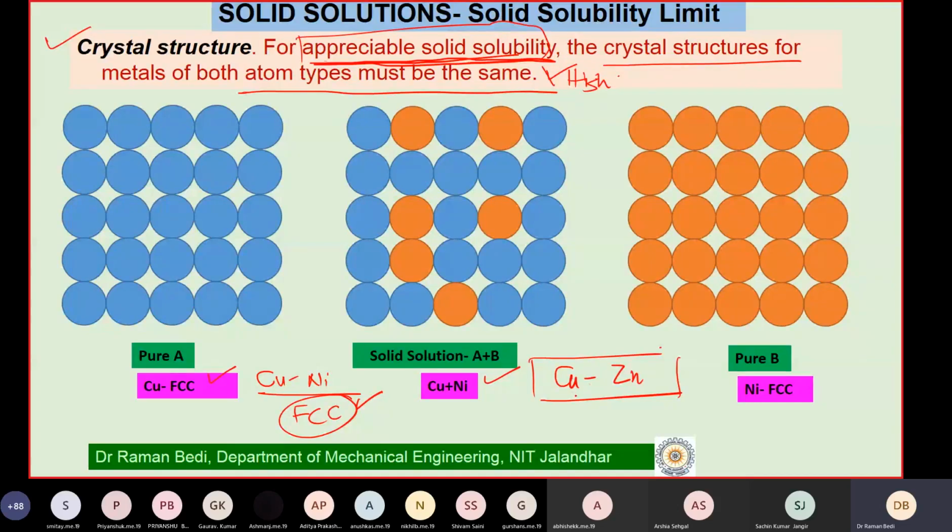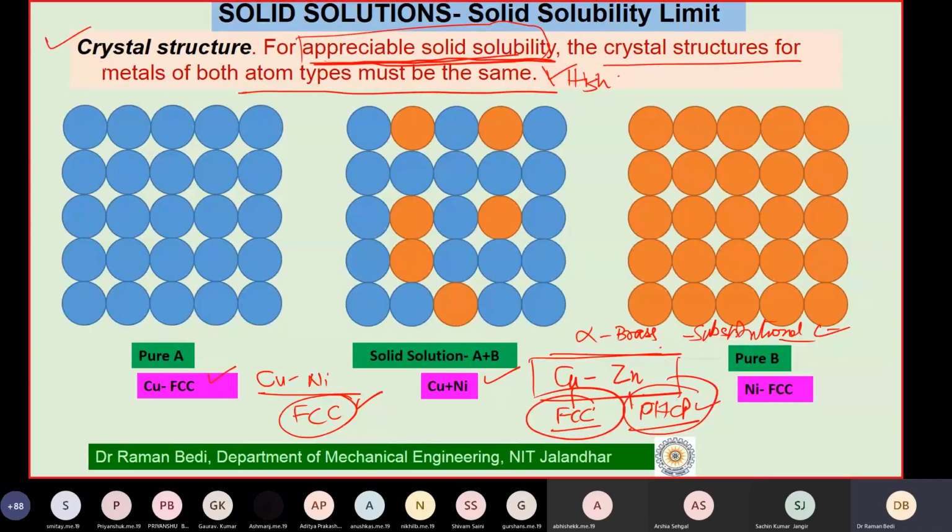Similarly, copper is FCC, and zinc is HCP, hexagonal close pack. Although copper and zinc can form alpha brass, a substitutional solid solution of copper and zinc, the solubility is limited because zinc has an HCP structure and copper has an FCC structure.